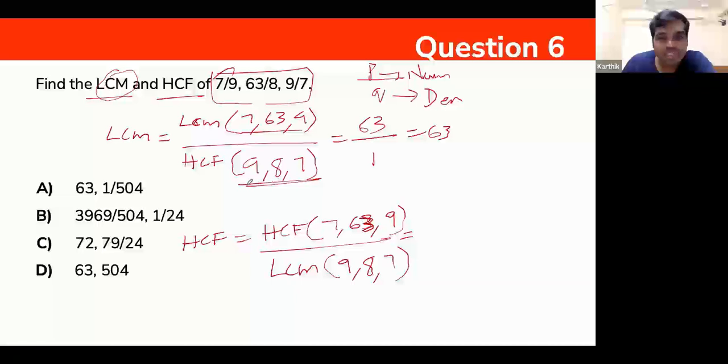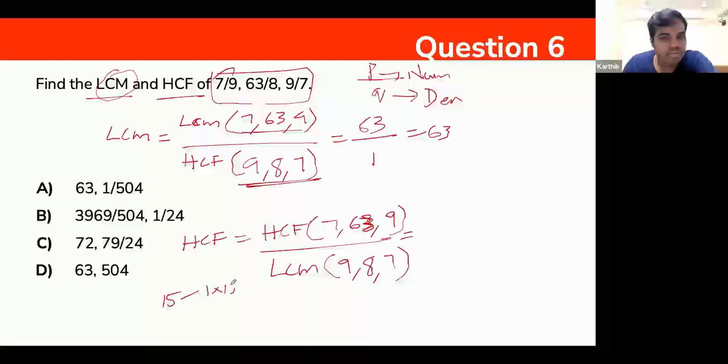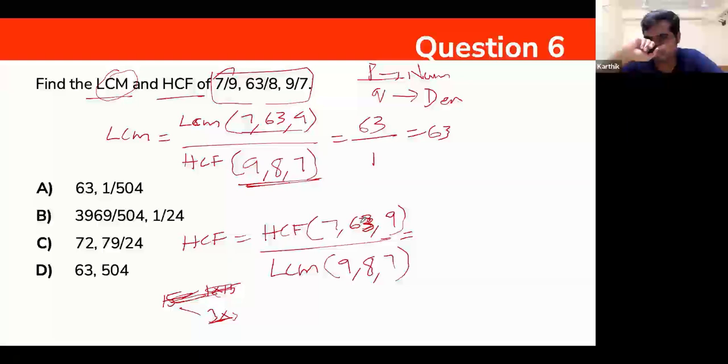For example, if I take the number 15, it is divisible by 1 into 15, so it has multiple factors. 15 can be written as 3 into 5, so all these numbers will divide 15. Likewise, I am asking which number will divide all these three numbers. It is 1 only.